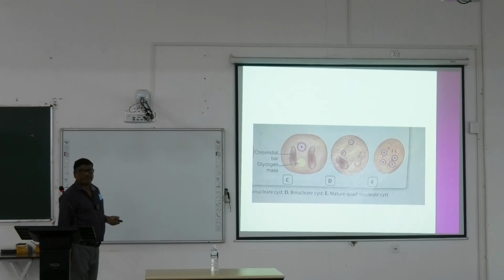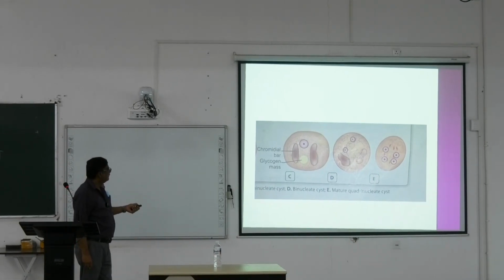Here is the picture. Nucleus, glycogen mass, chromatoidal bar, and with the multiplication from a single uninucleate cyst, now a binucleate cyst, and probably it is utilizing the chromatoidal bar and glycogen, 2 nuclei, and here finally 4 nuclei, but no chromatoidal bar.